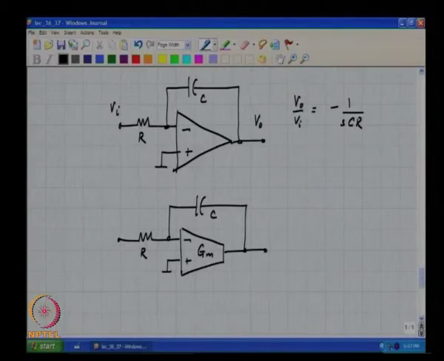Please note, again, that the gM must tend to infinity. Such a 3 terminal element where the transconductance tends to infinity is what is called an OTA, which stands for operational transconductance amplifier.